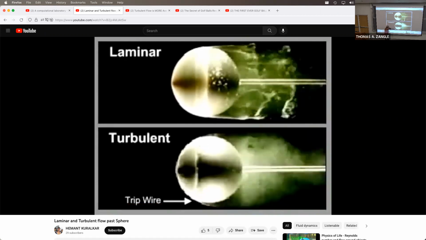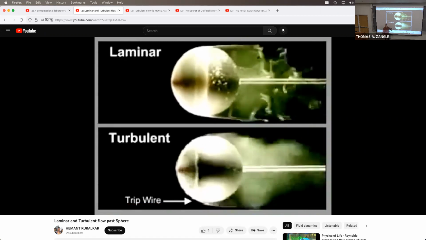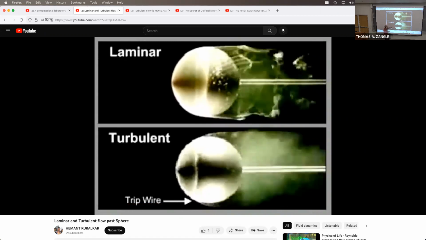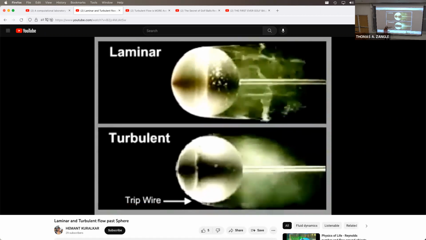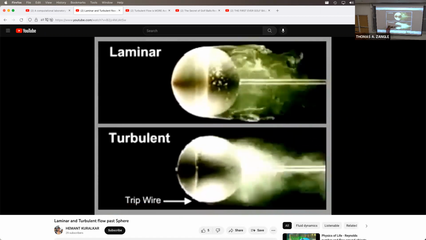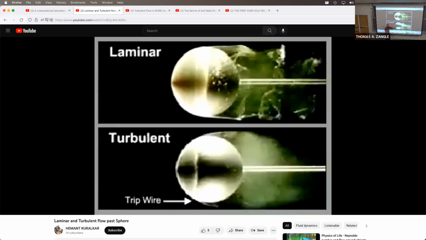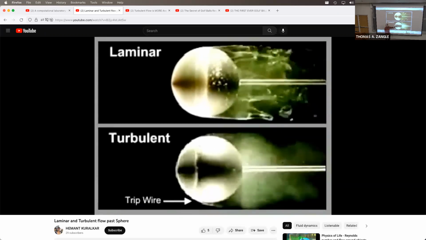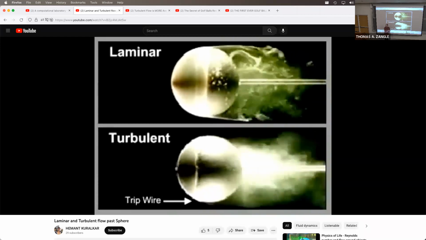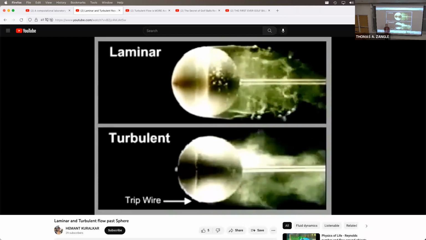The difference is that, in fact, they're probably exactly the same sphere and at exactly the same velocity and exactly the same experimental setup. The difference is that in this bottom case, you can just barely see this scratch going around. That's what's called a trip wire. So it's a very, very thin wire that's been wrapped around the sphere.